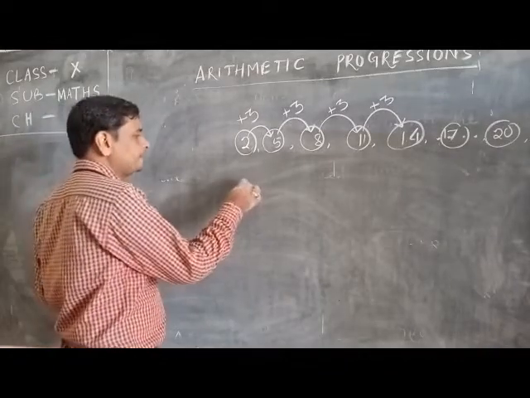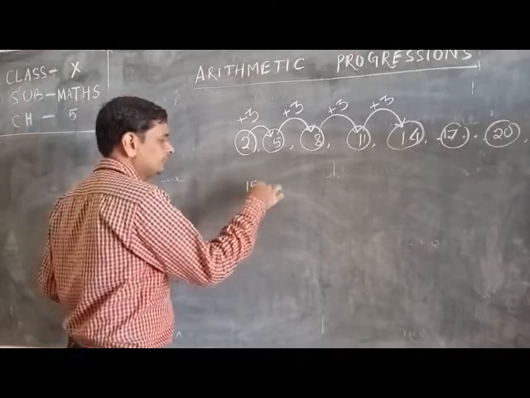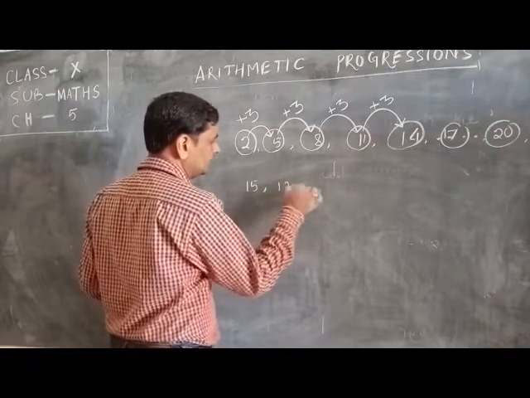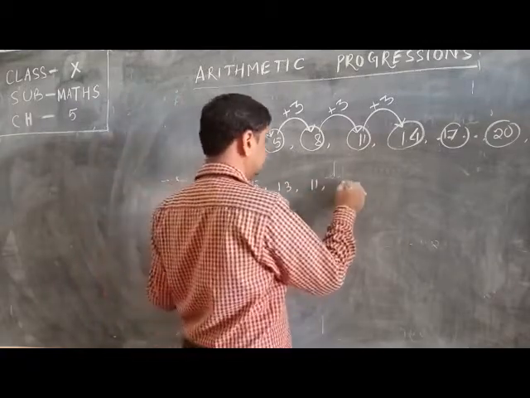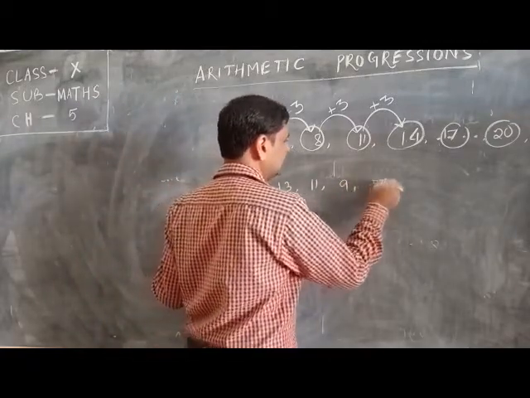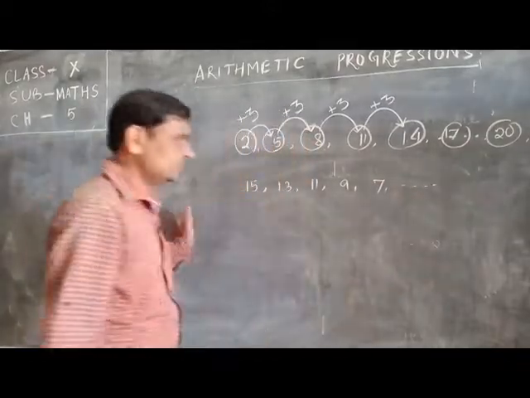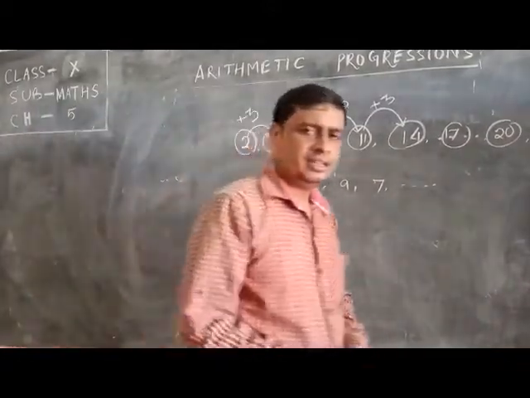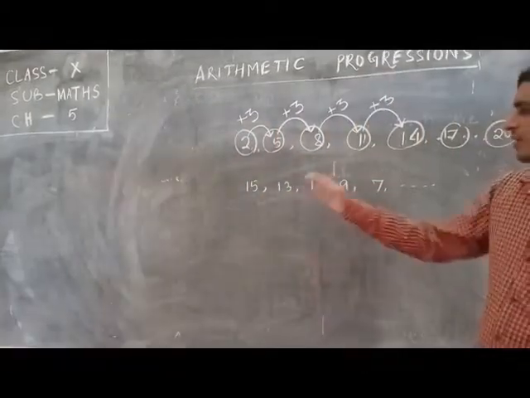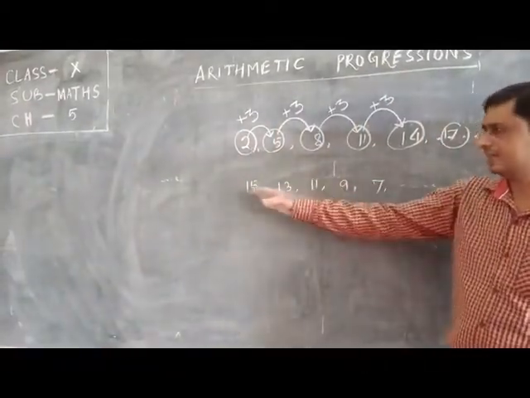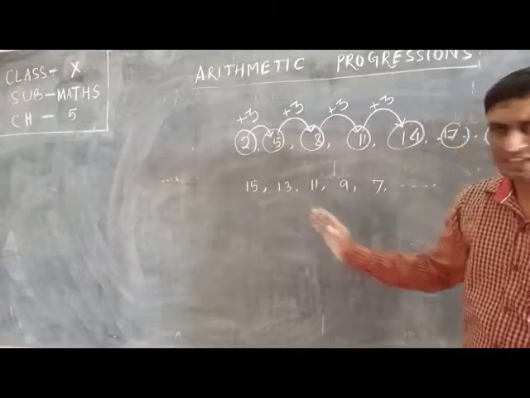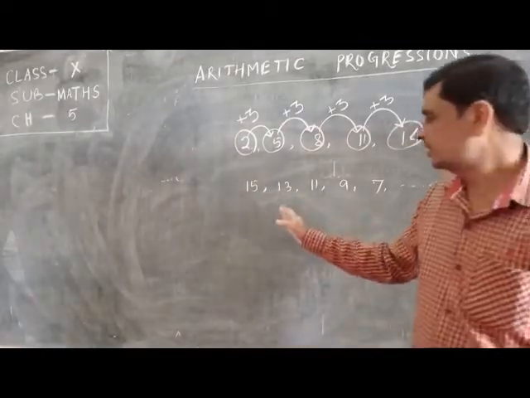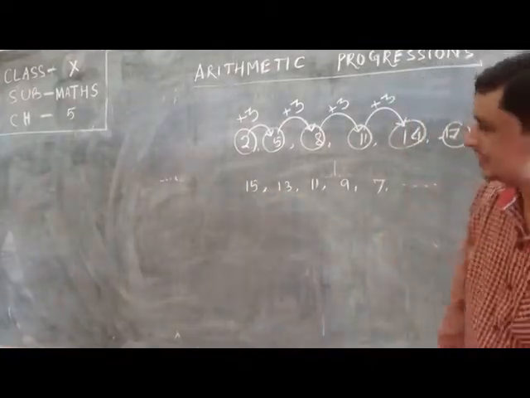Similarly, 15, 13, 11, 9, 7. This one is also an AP because the adjacent terms differ by the same number. Like 15 and 13, adjacent terms, the difference is 2.